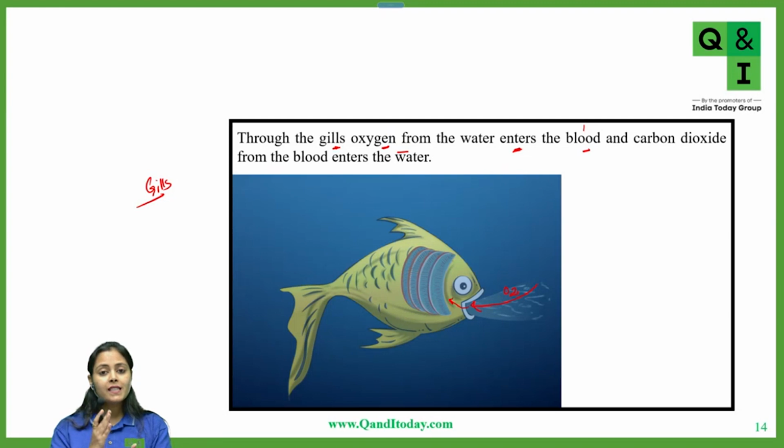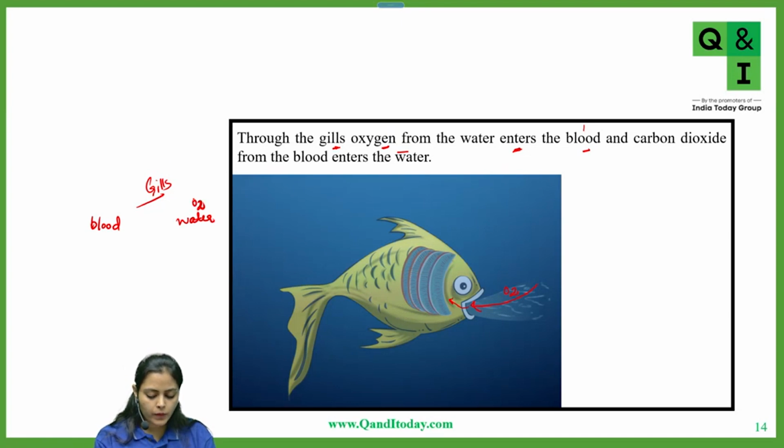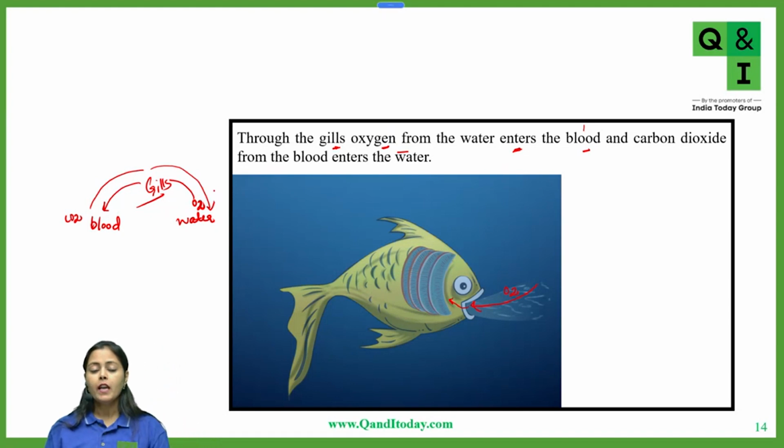So in the gills area, you have blood and you have water. From the gills, the oxygen from the water will enter the blood, whereas the carbon dioxide from the blood will, through the gills, enter the water. That type of exchange is occurring here.